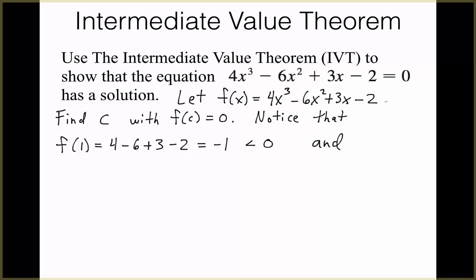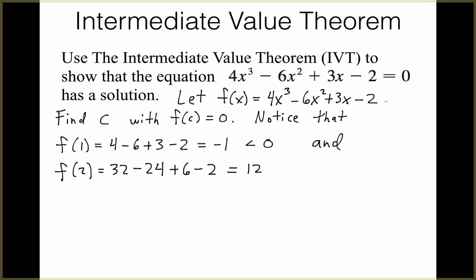And if I plug in 2 for x, f of 2 equals 4 times 2 cubed, so 4 times 8, which is 32, minus 6 times 2 squared, so minus 24, plus 3 times 2, which is 6, minus 2. This equals 12, which is positive.